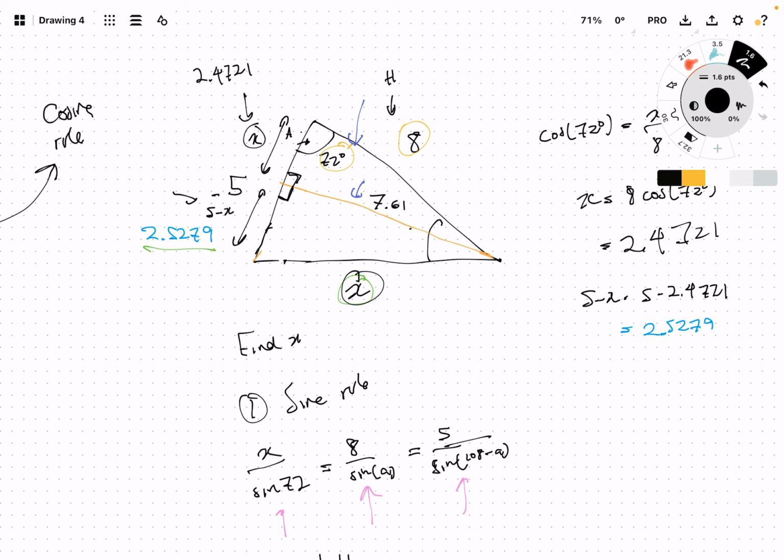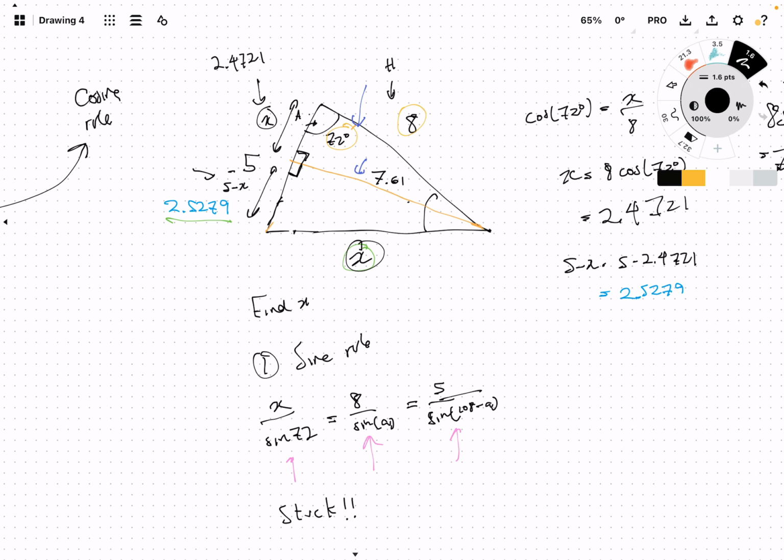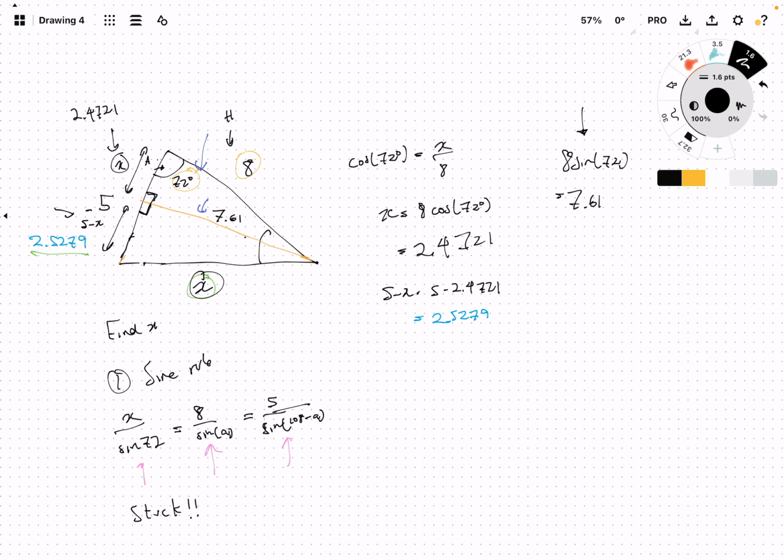So x squared will be about 64.28. That means x is basically 8.